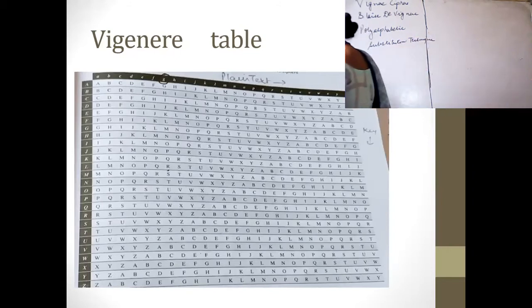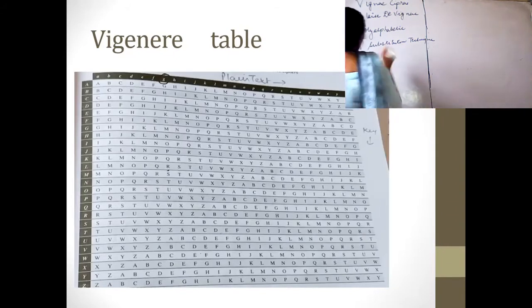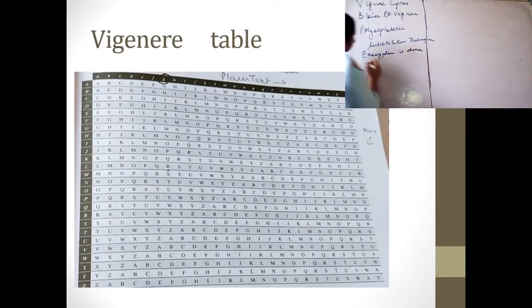Now, the encryption is done using the Vigenère table, which is of 26 by 26.